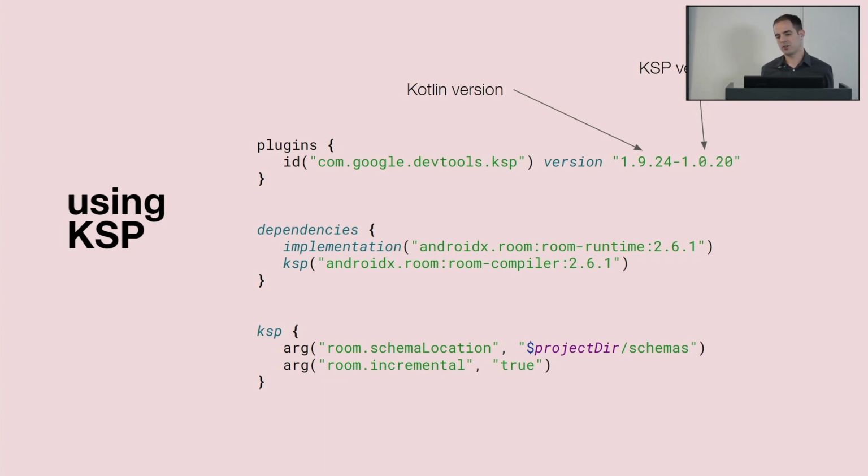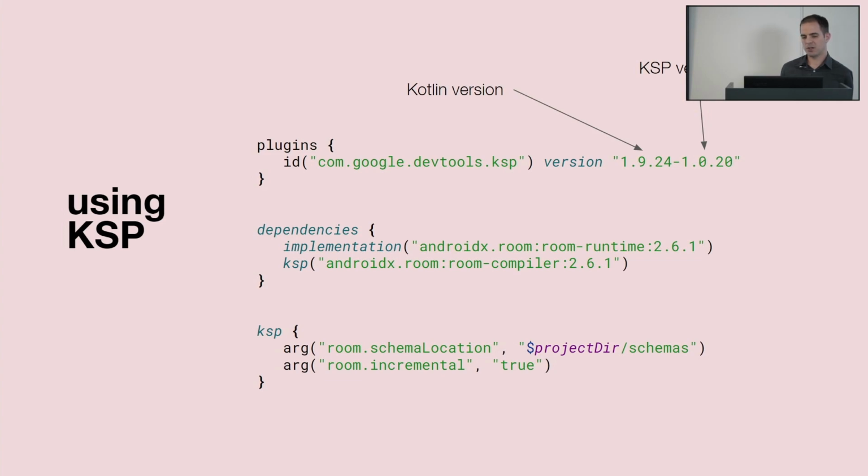So there is a 1.8 Kotlin version from KSP for the very same 1.0.20 KSP version. I know it's very complicated, but you just have to remember to update the last version, the KSP version, to the latest, and keep the Kotlin version of KSP on par with your Kotlin compiler in your project globally.